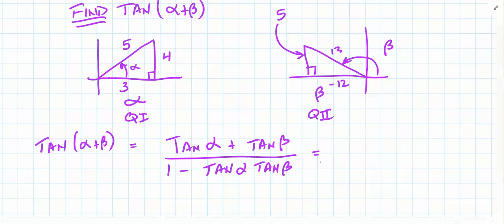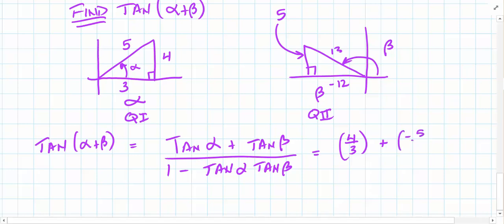Tangent of alpha, let's look at the alpha picture. What is the value for the tangent of alpha? 4/3, very good. Opposite over adjacent. So I got 4/3 plus, let's look at the beta picture. What is the tangent of beta? Negative 5/12. Very good.